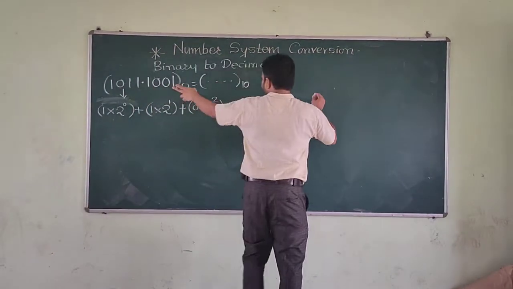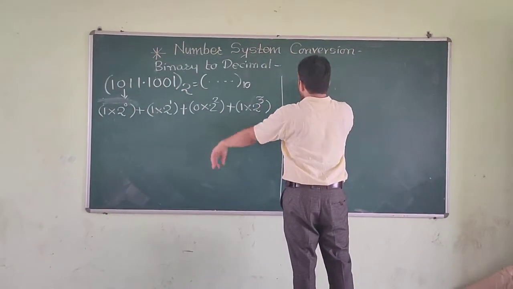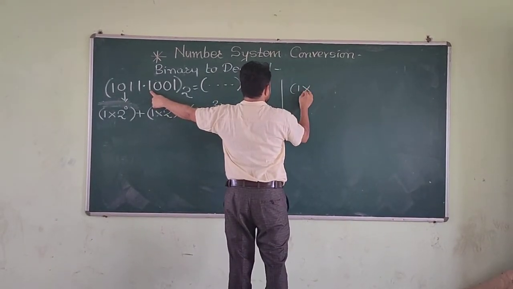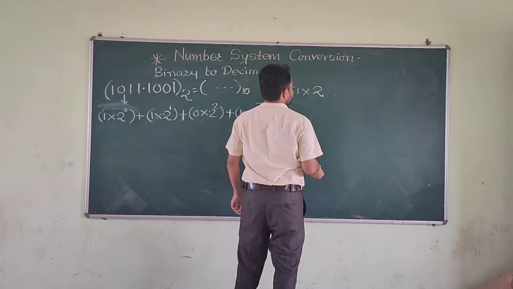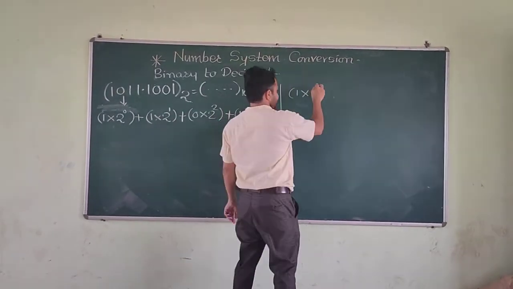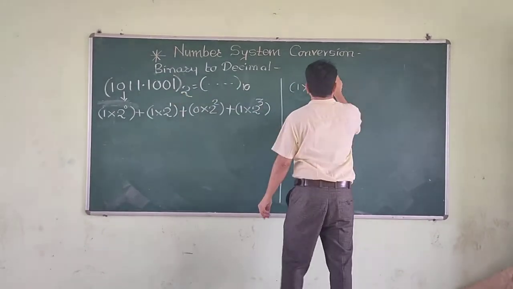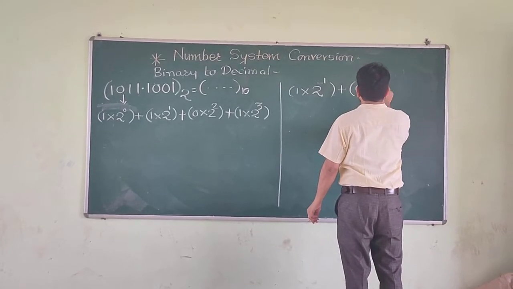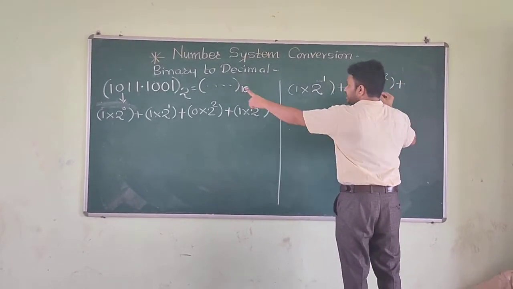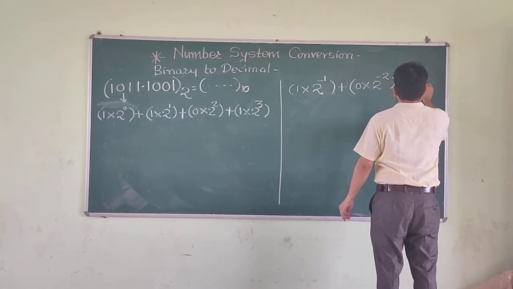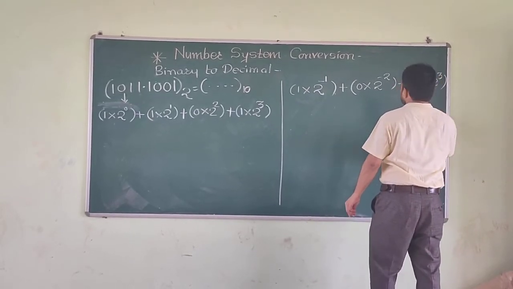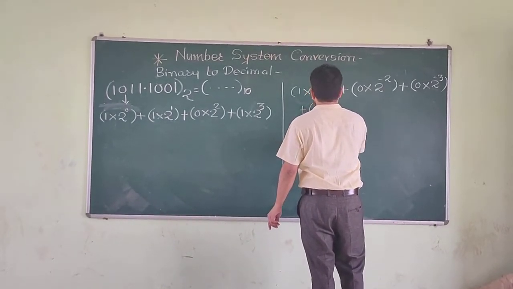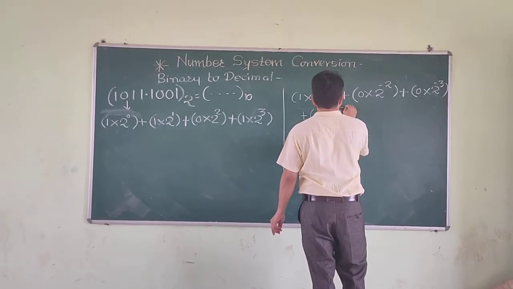So for this part after the point, 1001, we have to write from this, that is 1 into 2 raised to minus 1, plus 0 into 2 raised to minus 2, then 0 into 2 raised to minus 3, and then plus 1 into 2 raised to minus 4.